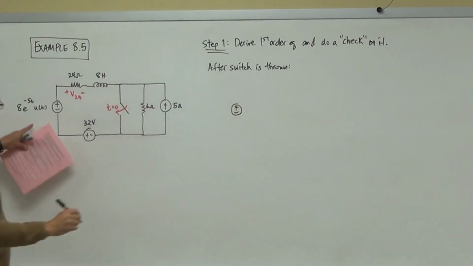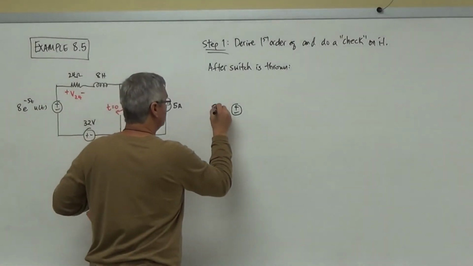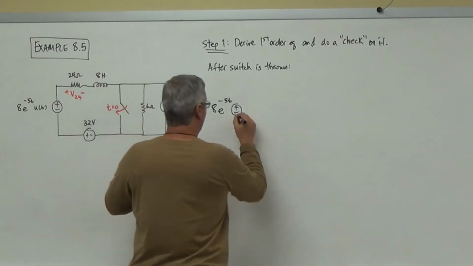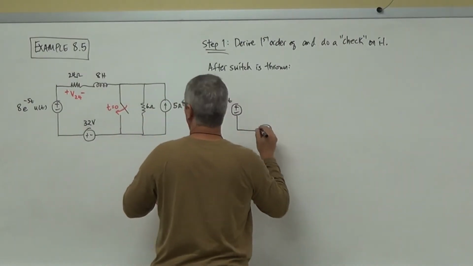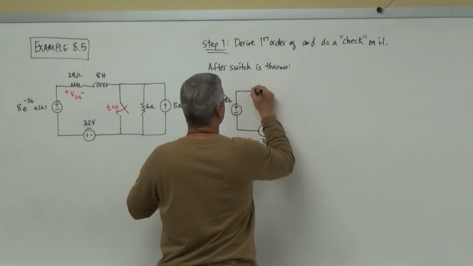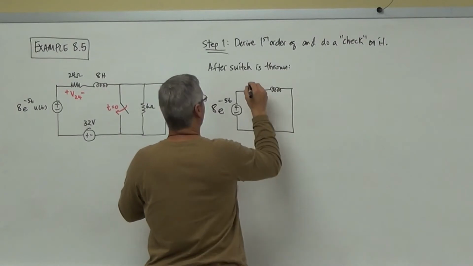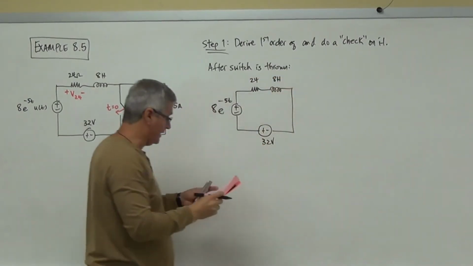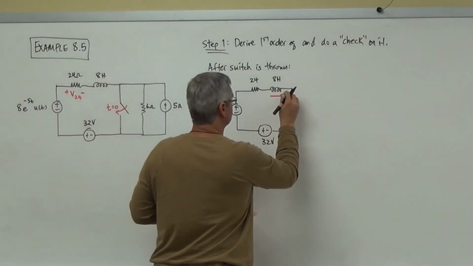So this guy is now live. So I get 8e to the minus 5t. I have 32 volts. I have this resistor, and then I have this inductor. So I have 24 and 8 Henry, and I know that I have this current right here.